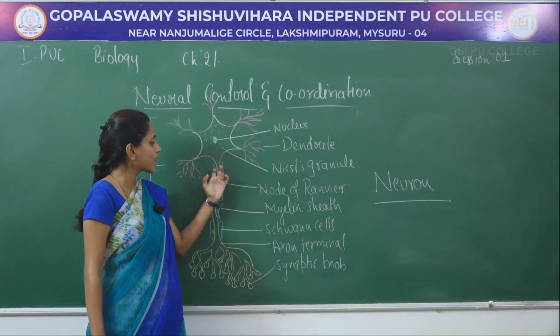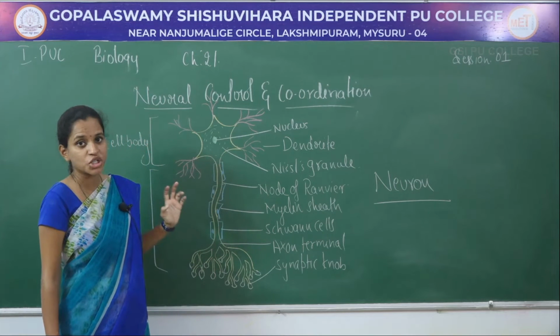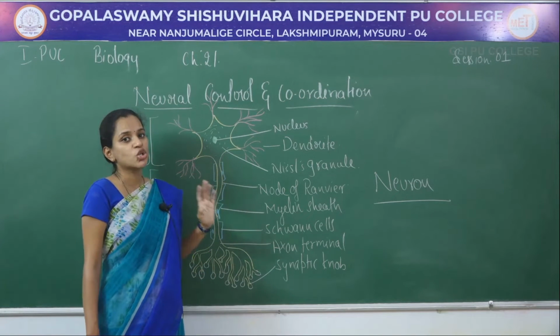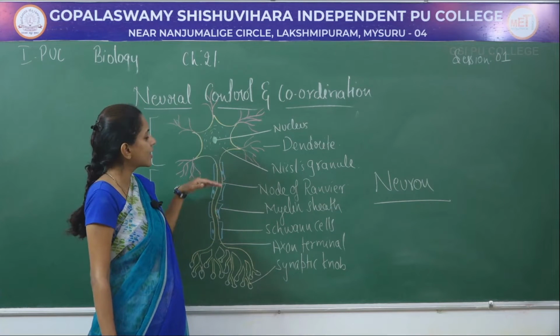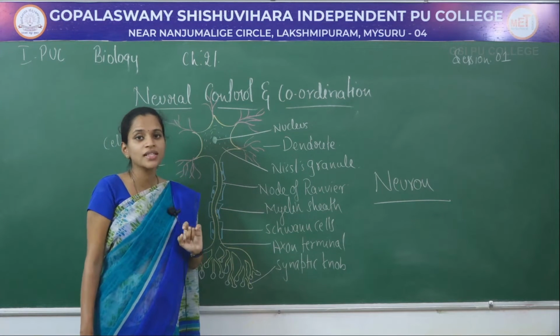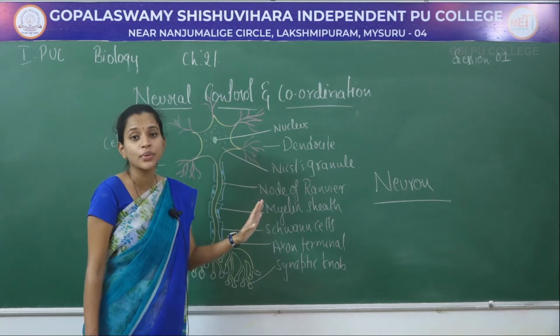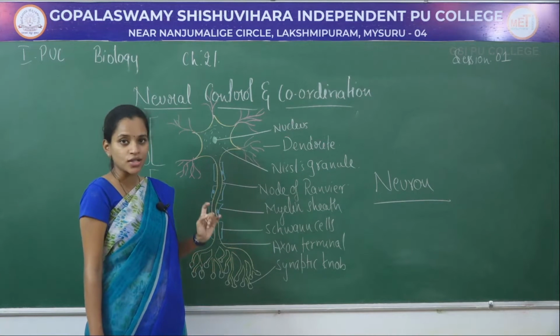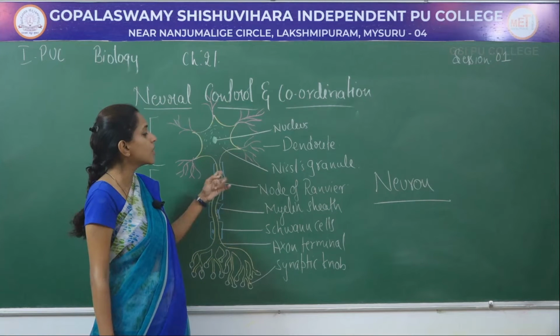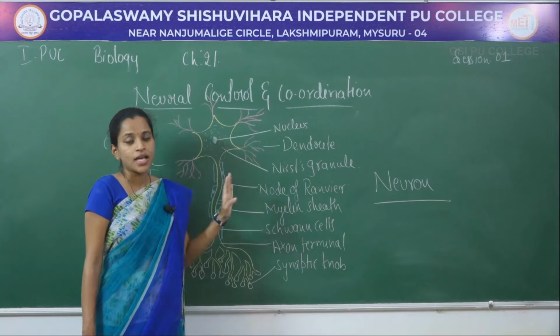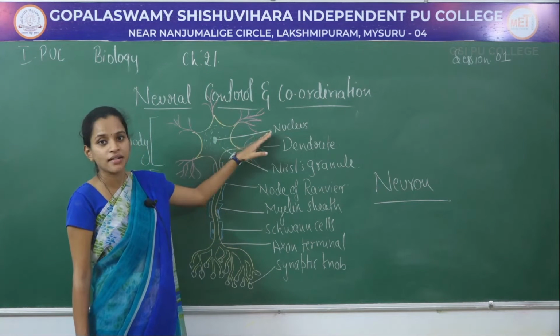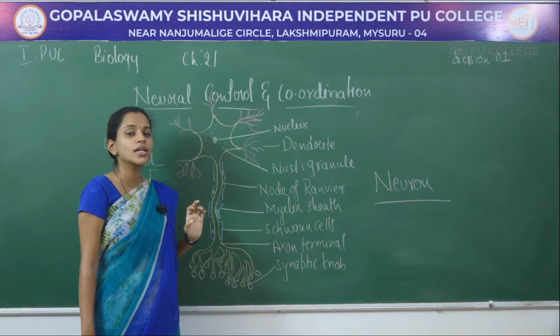So the axon is covered with myelin sheath along with Schwann cells, but at regular intervals there are spaces not covered with myelin sheath, which are termed nodes of Ranvier.